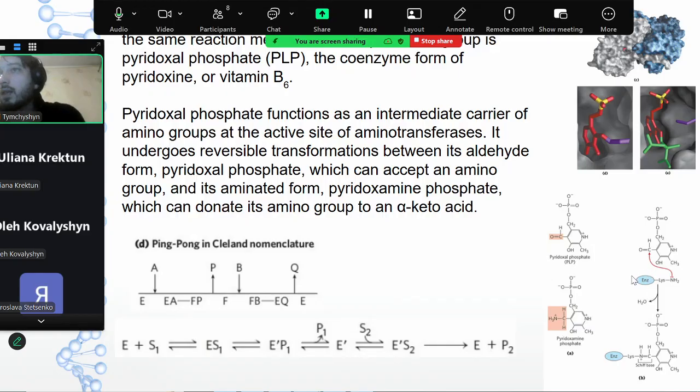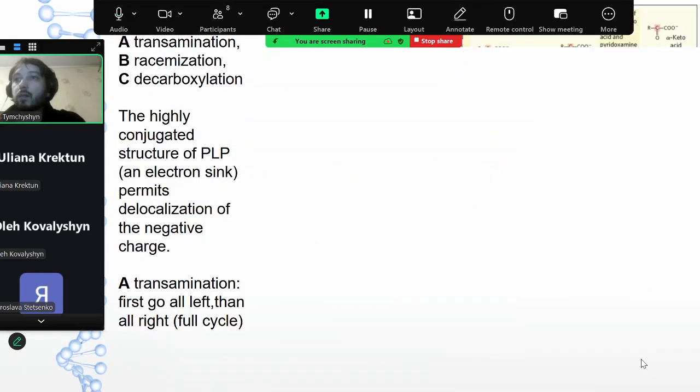On the enzyme you have the lysine with the nitrogen atom. It can attack, a nucleophilic attack, this carbon atom in the PLP, that's the prosthetic group, and a Schiff base is formed after this reaction.